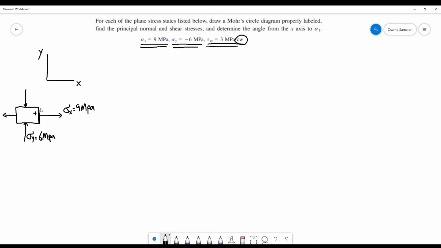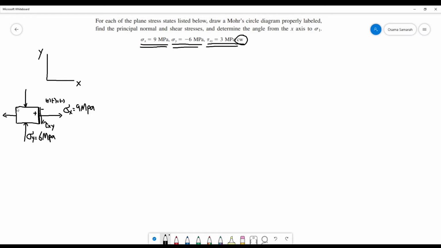So if we draw tau xy on this plane like that, it's going in the negative direction, and if you multiply positive by negative, you'll get negative, which is what we want since it's clockwise.